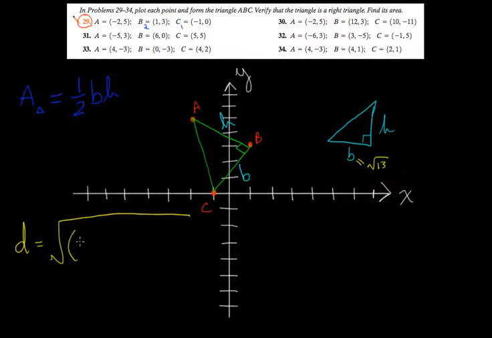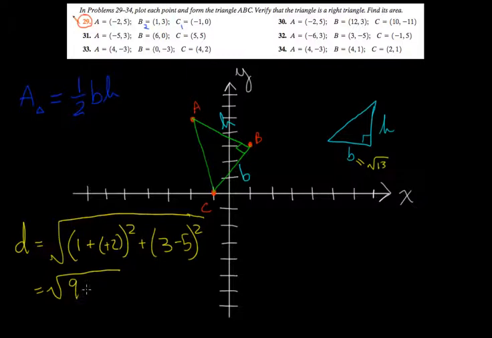So x2, which is 1, minus x1, which is negative 2, squared, plus y2, which is 3, minus y1, which is 5, squared. And we get the square root of 1 plus 2 is 3, squared is 9, plus 3 minus 5 is negative 2, squared is 4. Okay, so square root of 13 again.